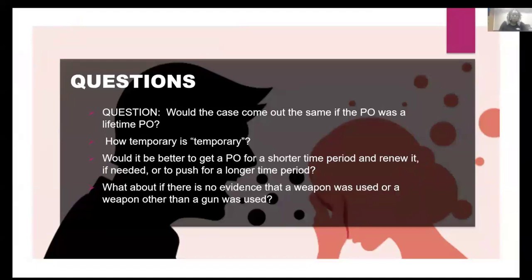Obviously, we have 2-year protective orders, but protective orders can span past 2 years, all the way through to a lifetime protective order. So the issue of the length of time and the removal of the gun from the person who has a protective order granted against them is still in question, based on the rulings that have come out of the Supreme Court. Even with Diaz, I don't think we have a resolution to that issue, so it could come up again.